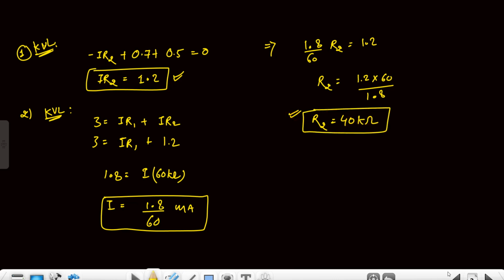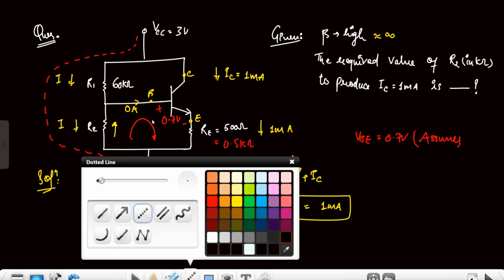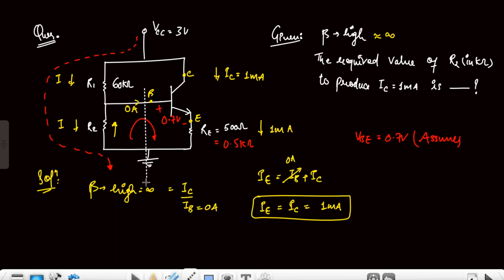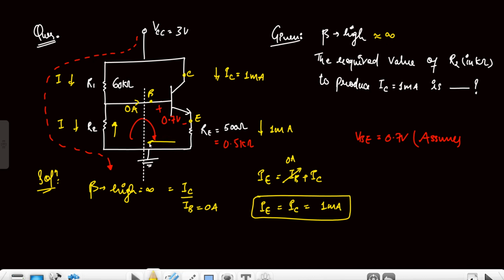Now the second method: we can see the Thevenin equivalent of this circuit from here, with VTH and RTH. VTH will be at this node, and it will simply be the voltage division rule across R2, so R2 into 3 upon R1 plus R2.